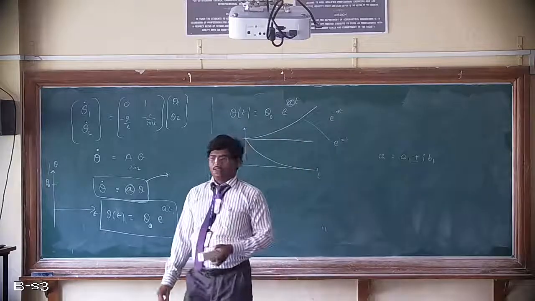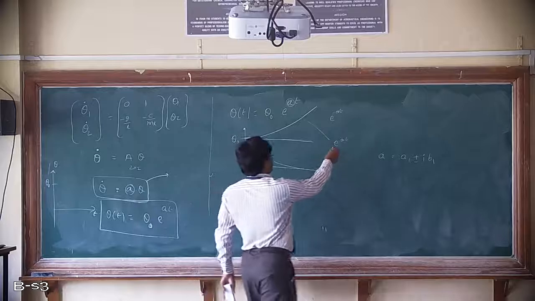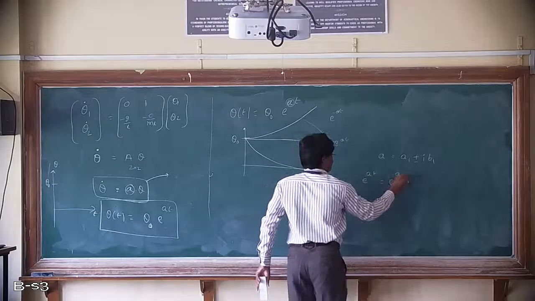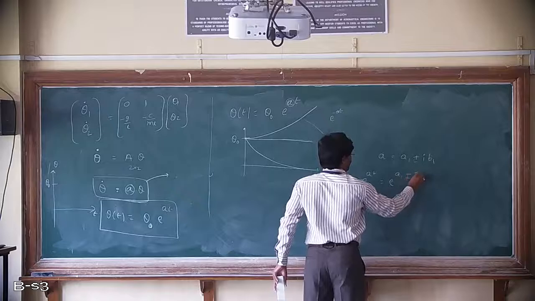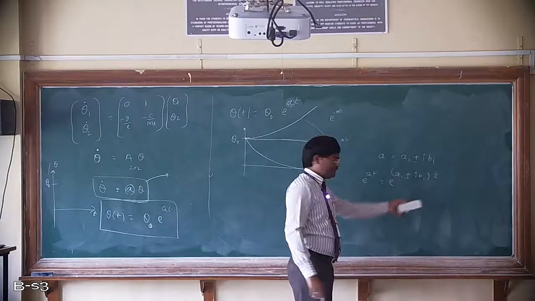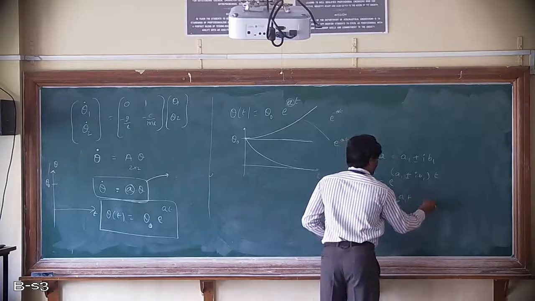This is your A. If you substitute this A, e power at is nothing but e power A1 plus or minus ib into t. If you split this, you will get e power A1t into e power ibt, right?